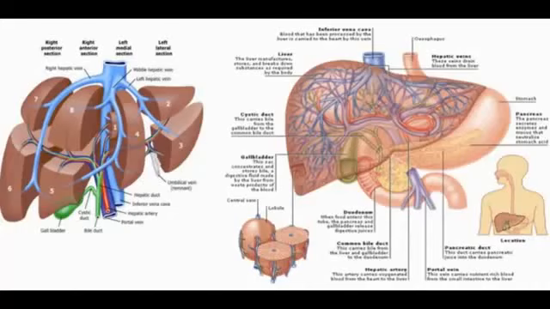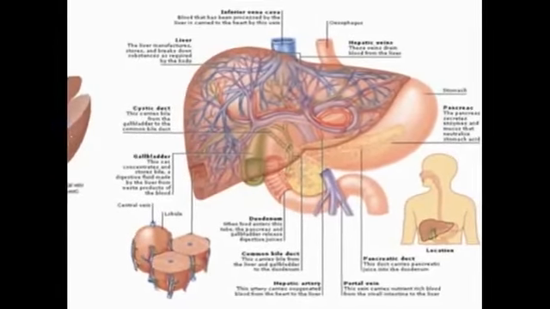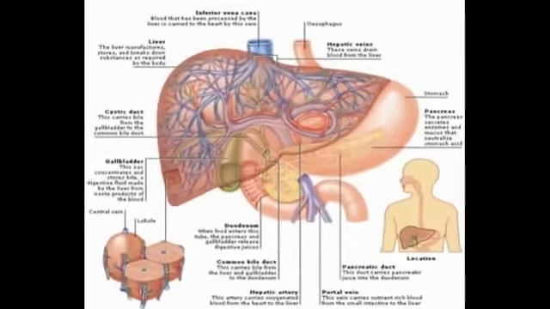On the right side, you see the circulatory system inside, how it makes a kind of net. And as I told you, it is so important that the organ has a connection between the oxygenated and non-oxygenated blood. In that sense, the liver is the main filter of our blood.